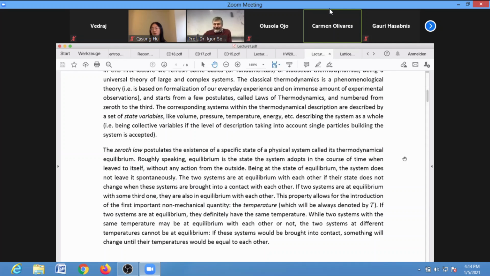I can remember them. We have the zeroth law when we approach or try to understand the equilibrium, the thermodynamical equilibrium. The first law is the law of conservation of energy, where in a system we can transfer energy in or out of the system, but the energy is conserved. So we have to keep this balance between the input and the output of energies of the system.